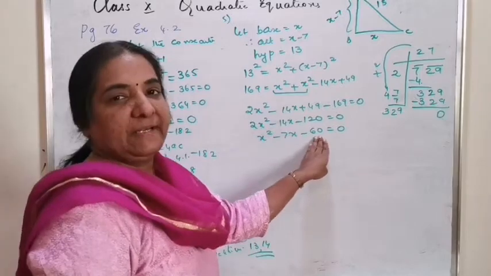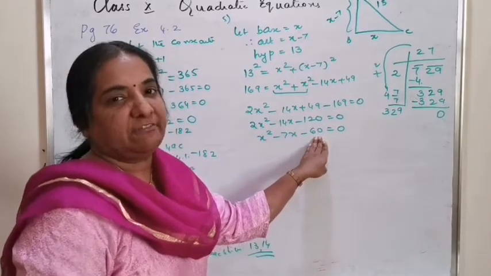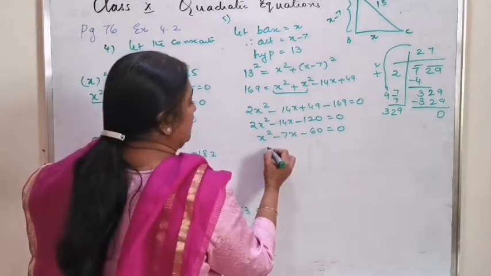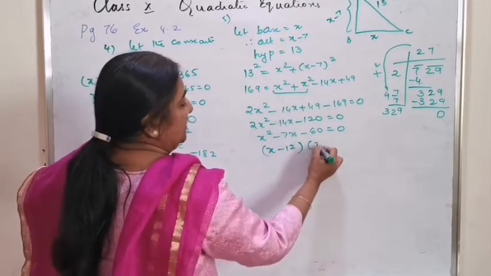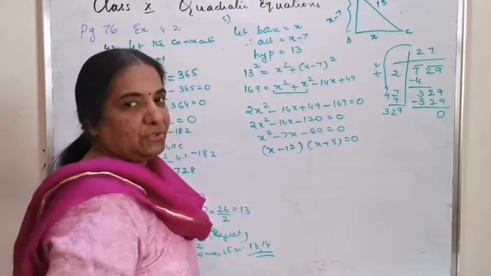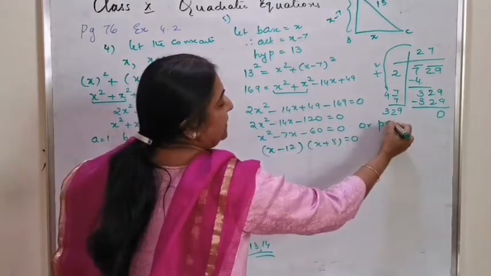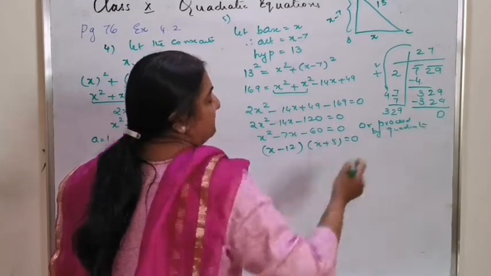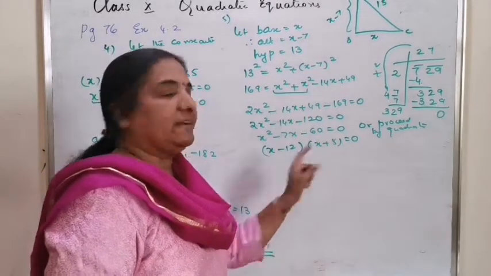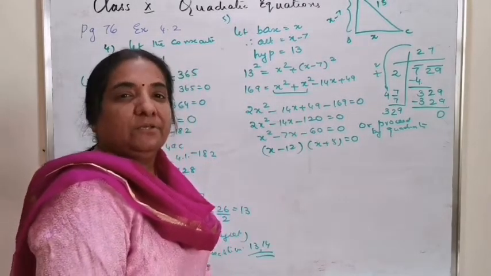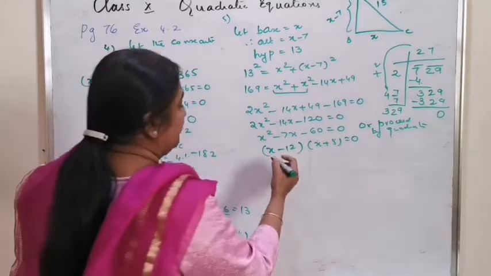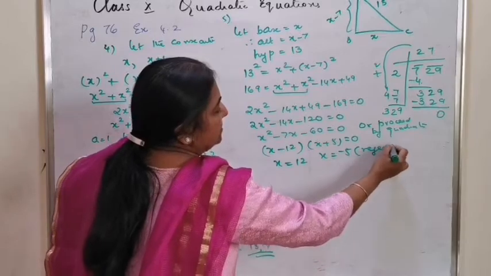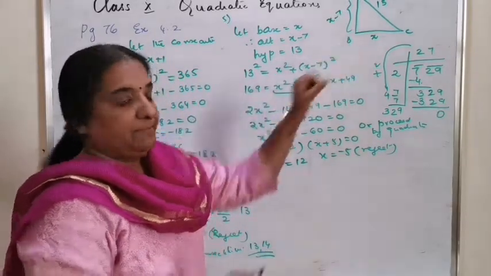If you are very thorough with splitting the middle term, you can take it as 12 and 5. Otherwise, those who want can proceed with the quadratic formula. It can be factorized as x minus 12 into x plus 5 is equal to 0, or proceed by the quadratic formula. For smaller equations like this, if you do it by factorization, you can use the time saved for revision for the exam. x is equal to 12, x is equal to minus 5, which you reject because it is the base of a triangle.